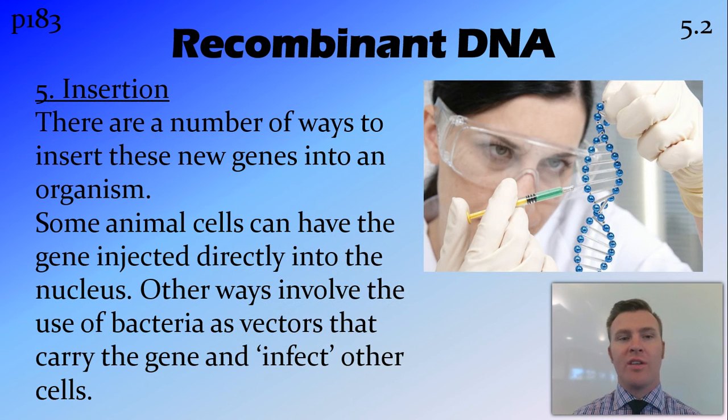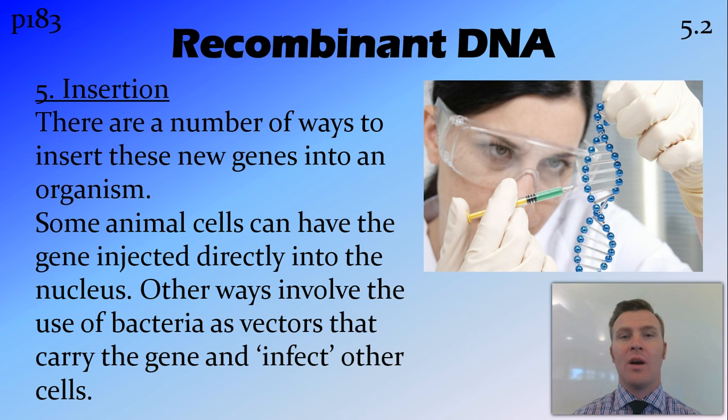Once we've got lots of those sections of DNA, or those genes, we then need to insert that gene into our target organism. There are different ways that you can do this. For some genes and some sections of DNA, you can just use a very, very fine needle and inject them into the nucleus, and they'll work that way. Other ways involve putting that gene into bacteria and then using that bacteria to infect the organism so that all the cells in that organism have the gene in it.